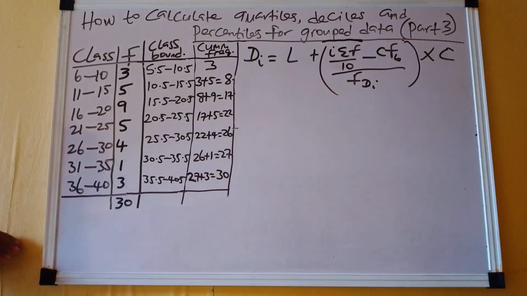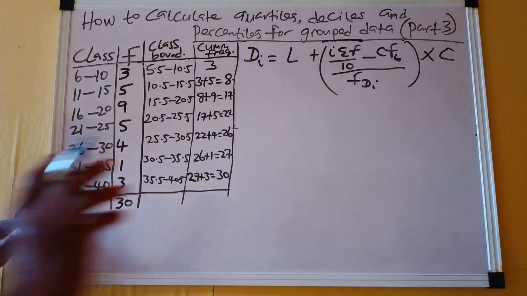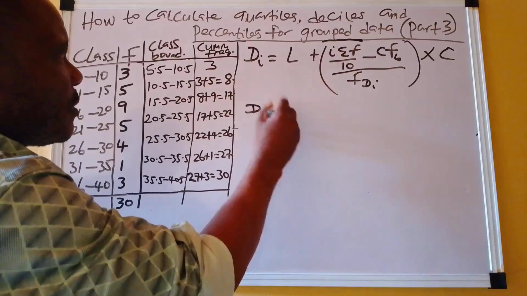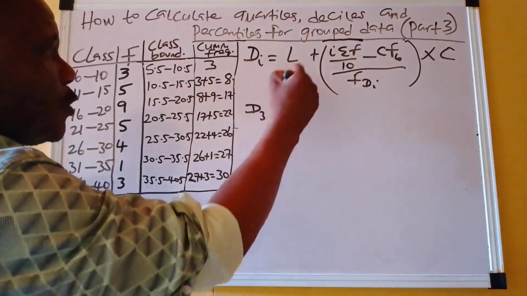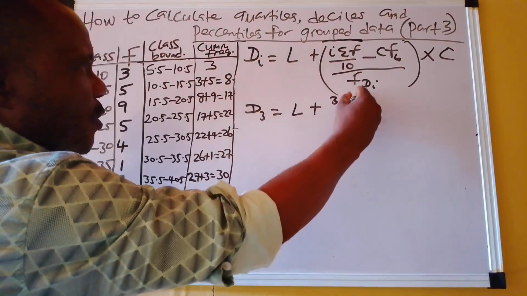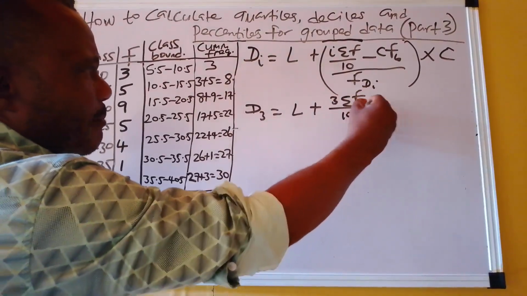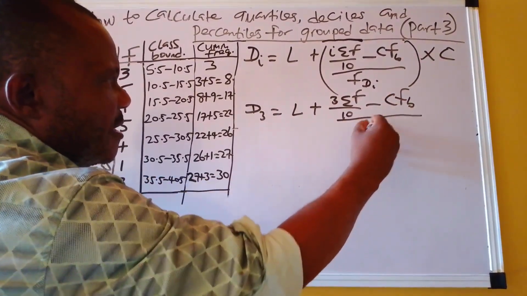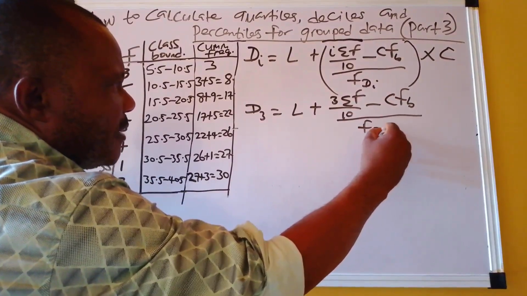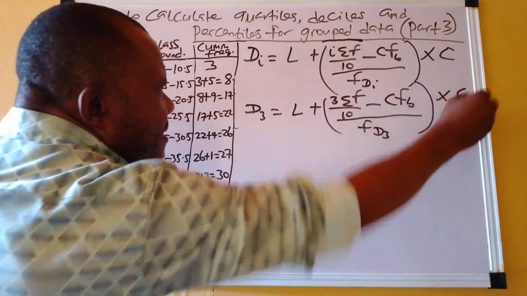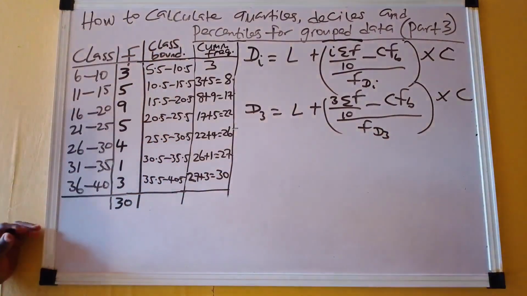Now, I will first start by calculating my D3, the third decile. So D3 is equal to L plus 3 summation F all over 10 minus the cumulative frequency before that class, all over the frequency of the third decile class, times our class size C.